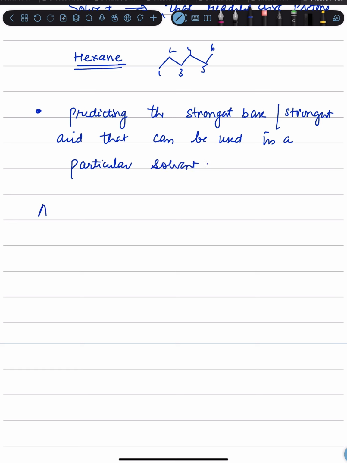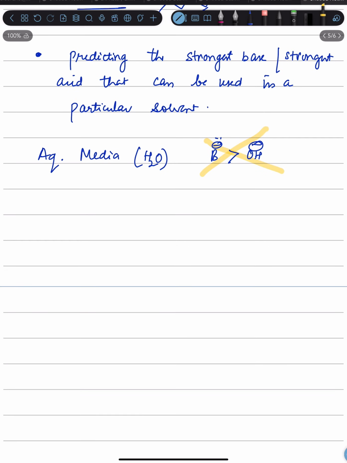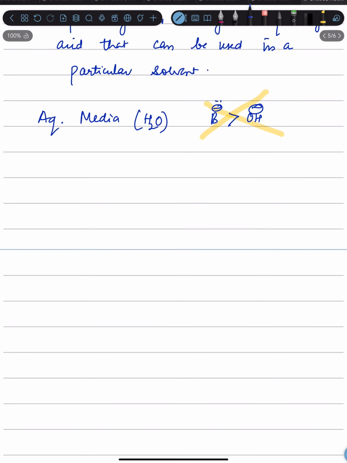In aqueous media, by which I mean water, you should never use a base which is stronger than OH negative. And in ammonia, the base should never be stronger than NH2 negative.